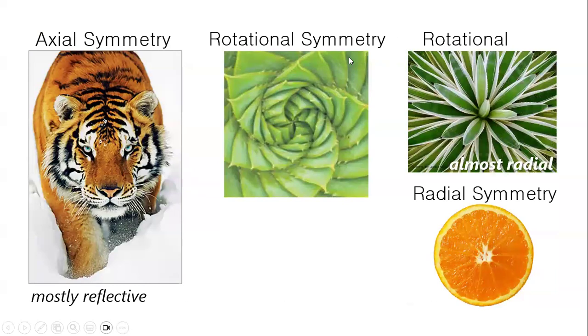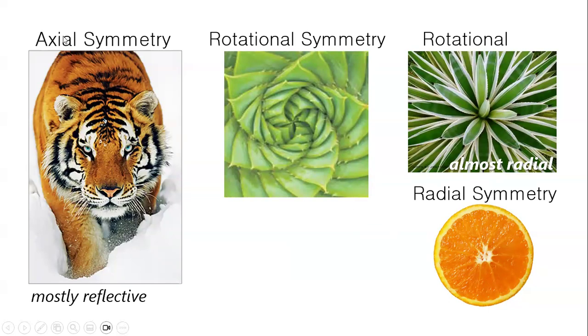So a lot of rotational symmetries that are not radially symmetrical are based off of spirals, because spirals, by their definition, are repeating things around a center point, but also by their definition will not lead to things that are axially symmetrical.